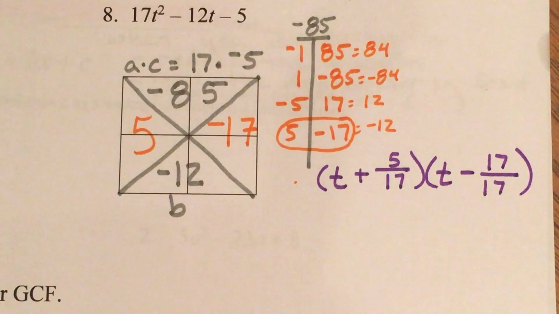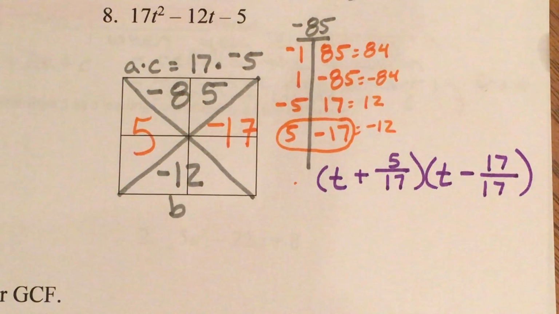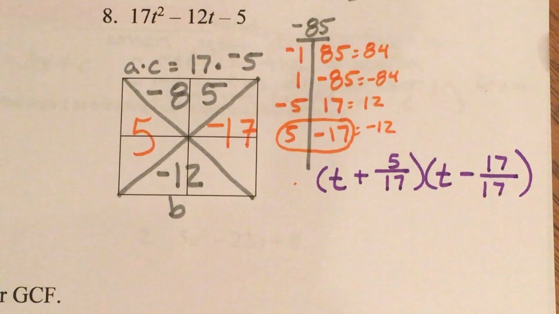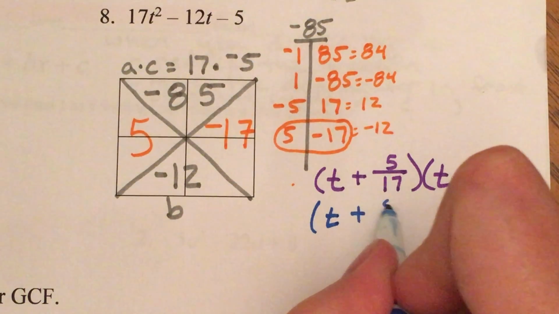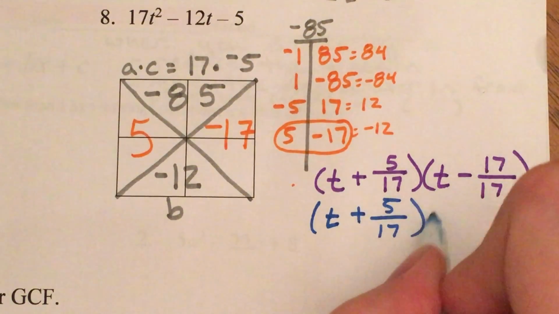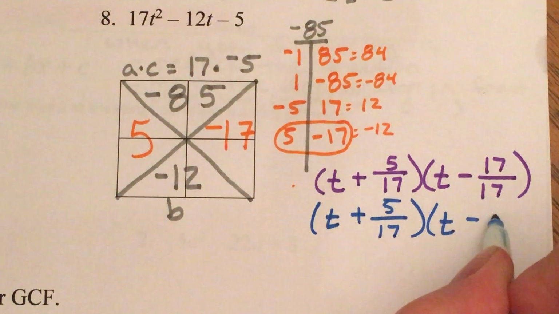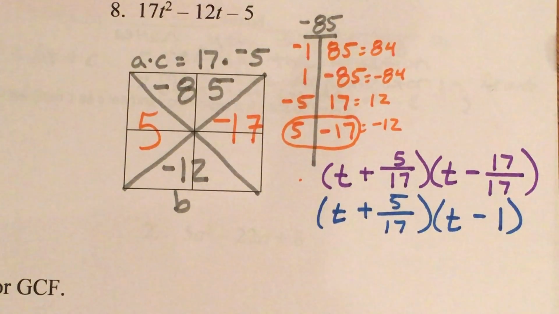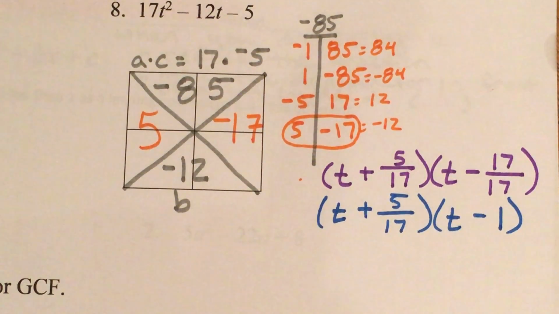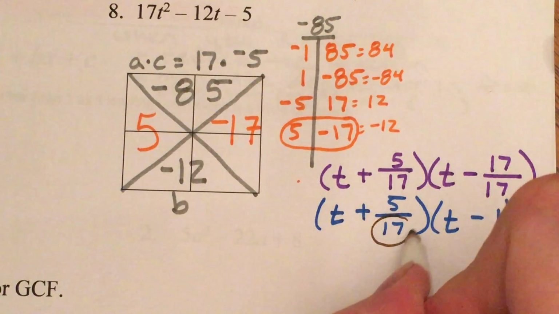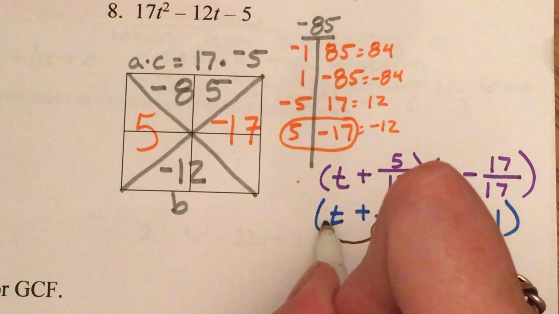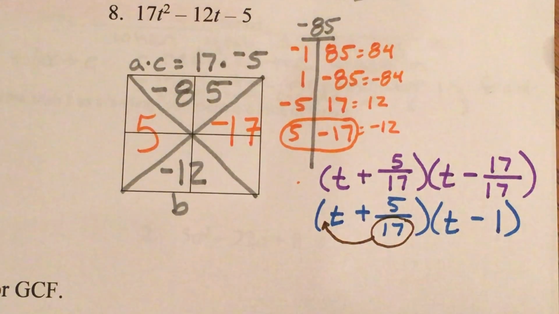You divided by A. What do we do now? That's right, we reduce. T plus 5 over 17, T minus 1. That sure looks nice. And how do I finish this? Yeah, I got to move that 17 right there in front of the T.